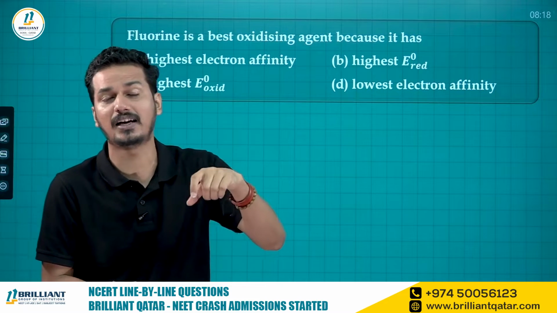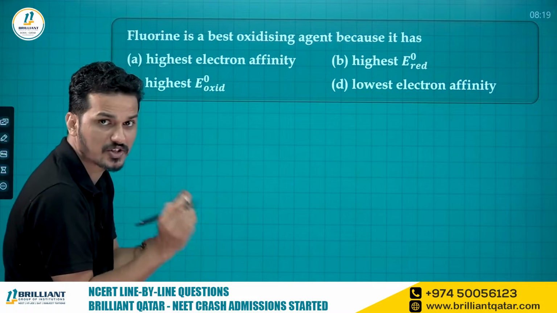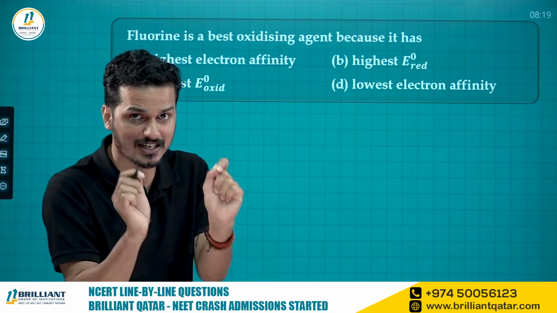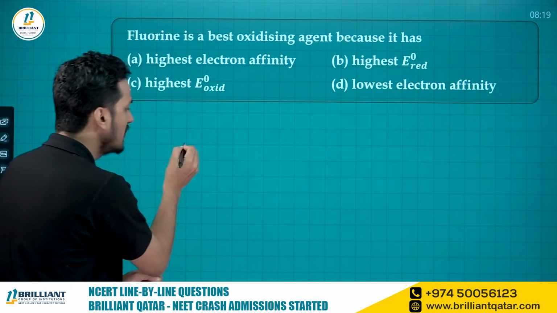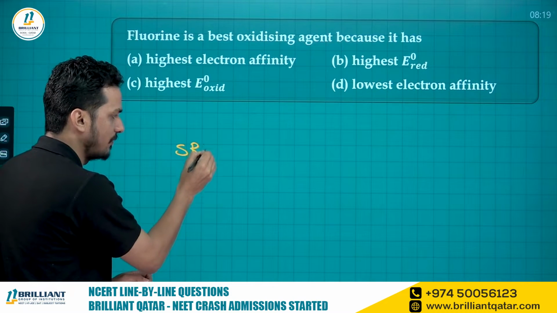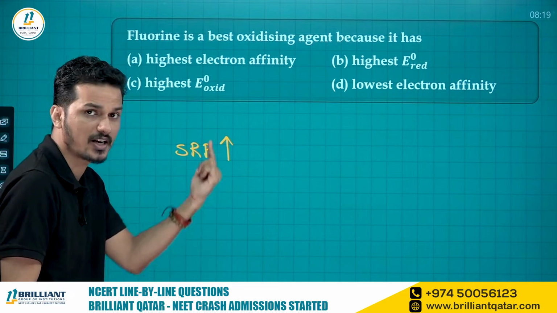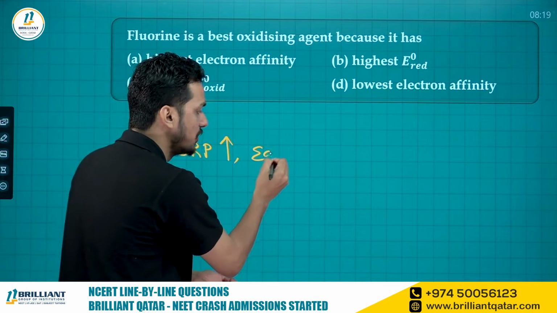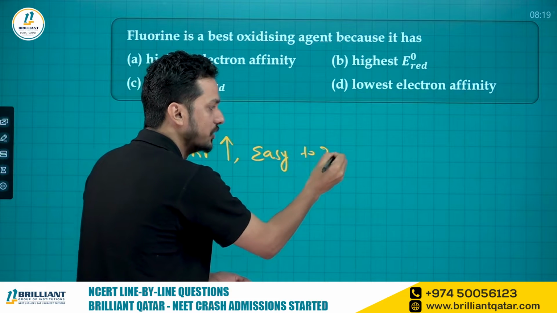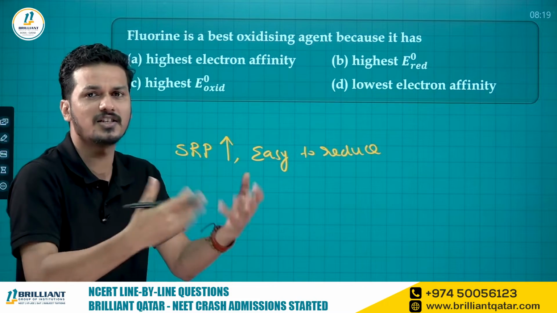We arranged them in the increasing order of reduction potential. If the standard reduction potential, SRP, is more, meaning it is easy to reduce. Standard reduction potential means tendency to reduce.